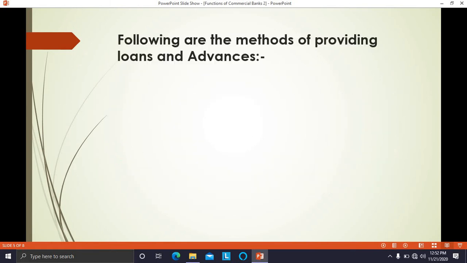Now, there are different methods through which loans are given to needy people. As per the requirement of the borrowers, there are different ways in which loans are given by the bank. The first is granting ordinary loans. How do banks grant ordinary loans?